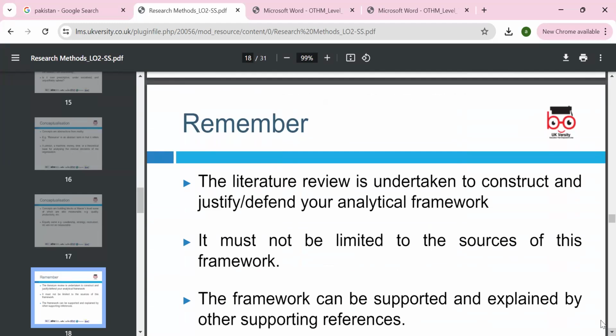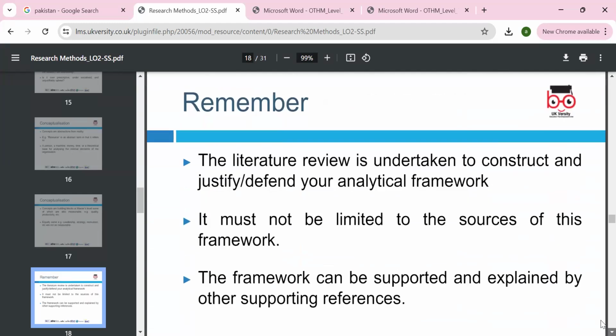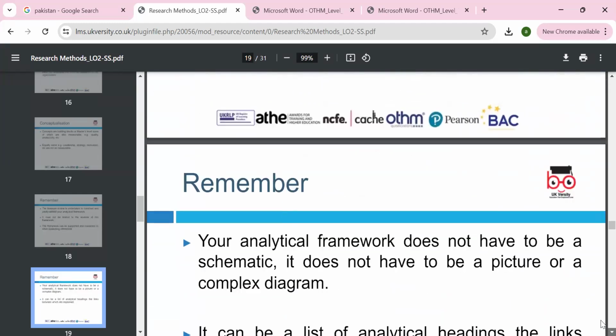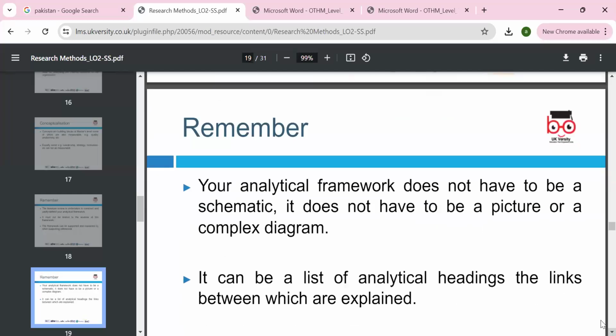The literature review is undertaken to construct, justify and defend your analytical framework. It must not be limited to the source, but to what can be supported and explained. And remember, the analytical framework does not have to be schematic, a picture or a complex diagram.